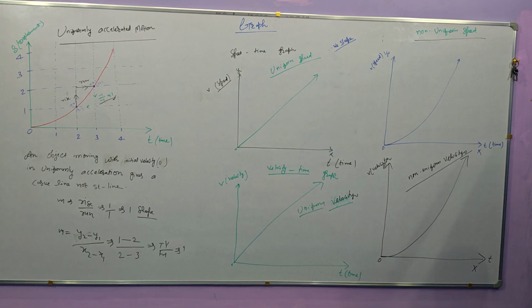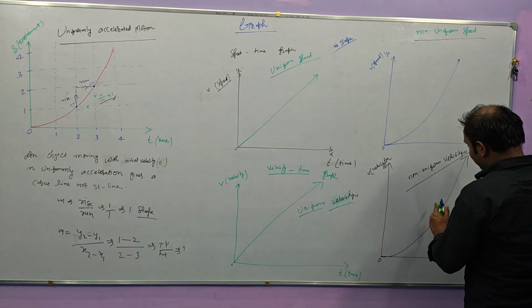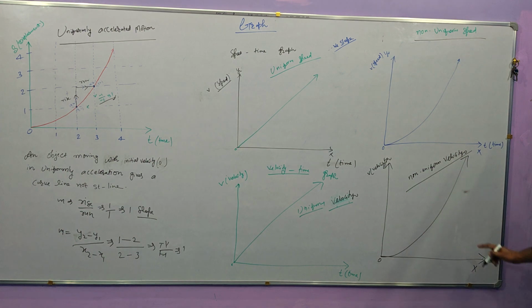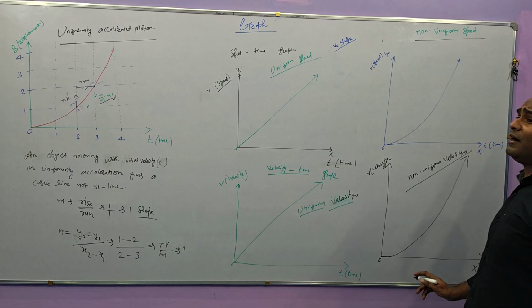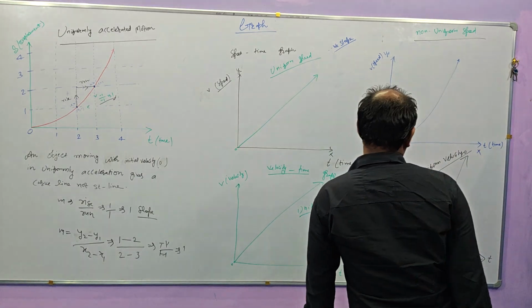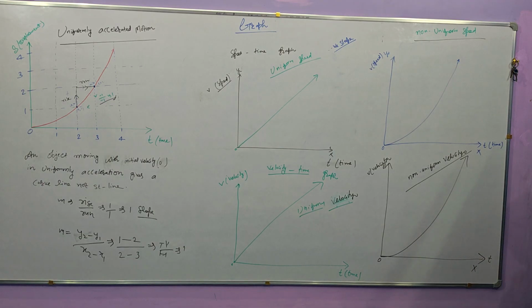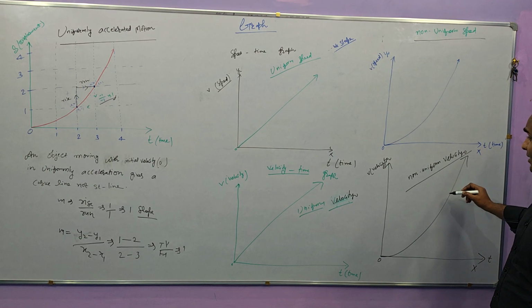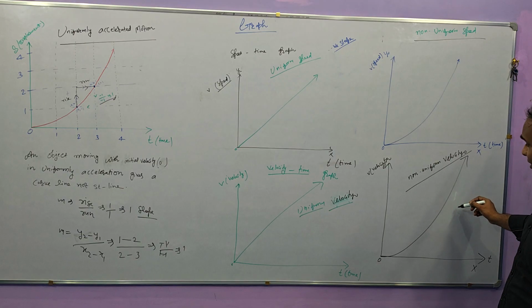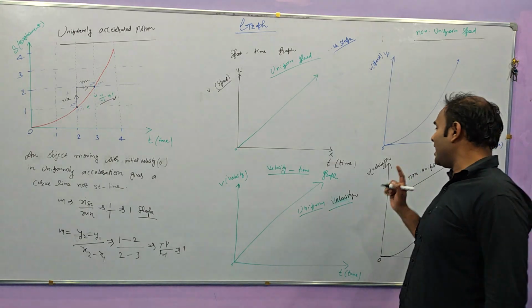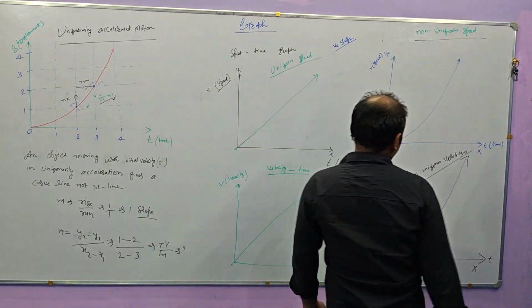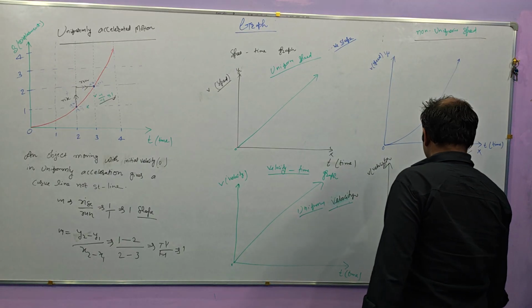And we know the slope of the velocity time graph gives acceleration and the area under the velocity time graph gives displacement.